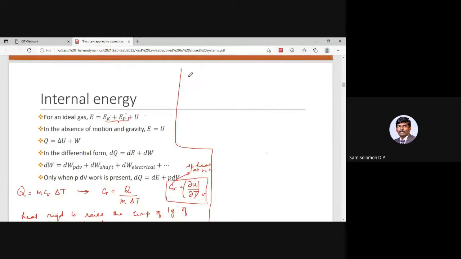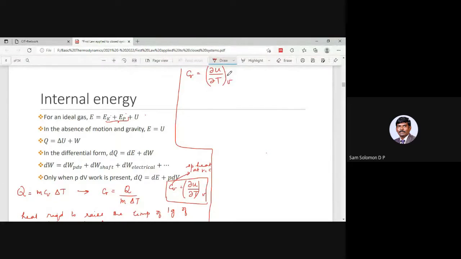This is a separate definition. Cv is equal to partial u partial T at constant volume. So what is the change in internal energy for a particular change in temperature when volume is held constant? That is your specific heat at constant volume.